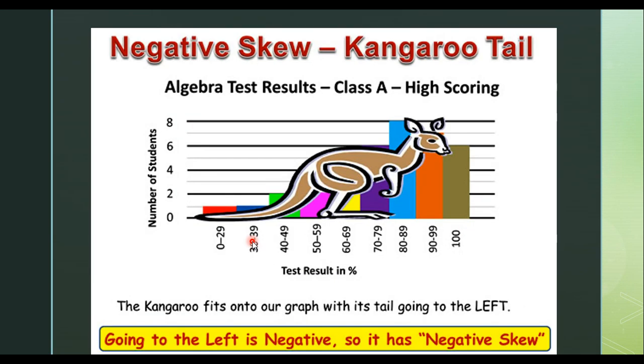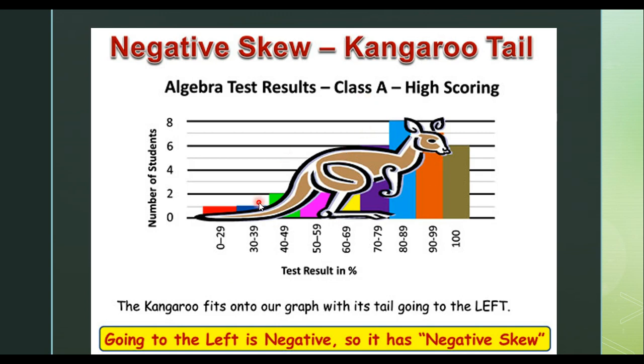Now, if you have a negative skew, where you have this long bit on the left and then you have a bunch of data chilling on the right, you can see that the kangaroo's tail is on the left. So if the tail is going in the left direction, which is negative, this is a negatively skewed graph, or a left skewed graph. But we call them negative.